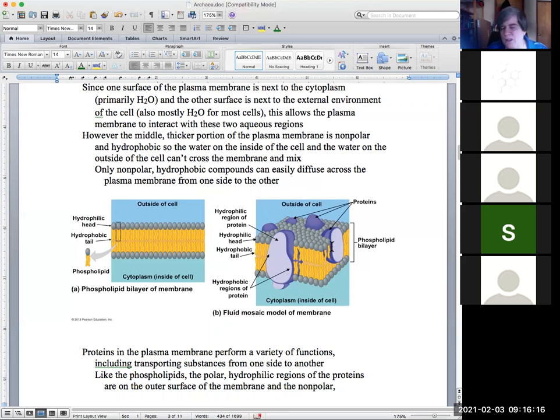But proteins also serve another important function when we talk about bacteria that cause diseases and how our immune system fights bacteria that cause diseases. If we look here, we can see the outside of the cell is again up. We can see that some of the proteins, these big purple blobs, stick up outside the cell.